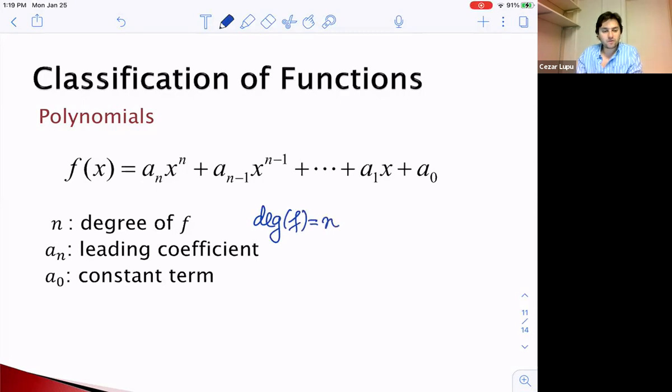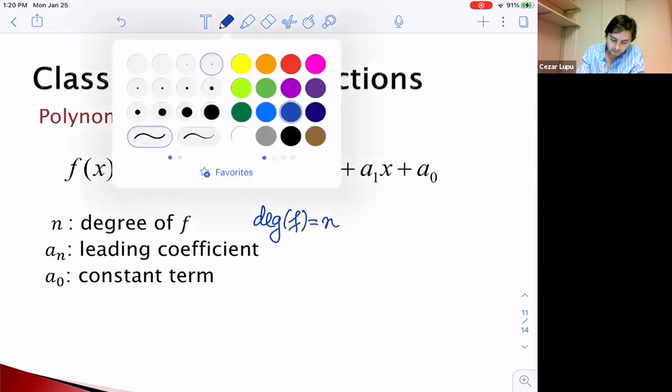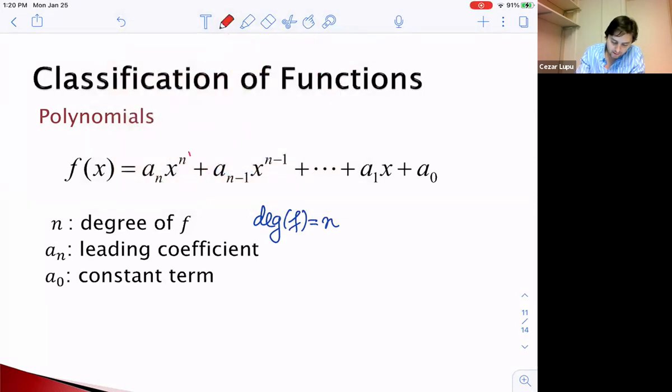a_n is the leading coefficient, so it's the coefficient of the dominant monomial, which is x to the greatest power.